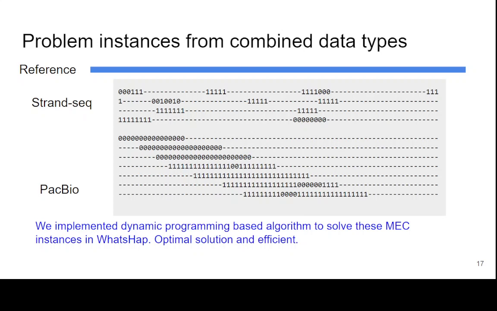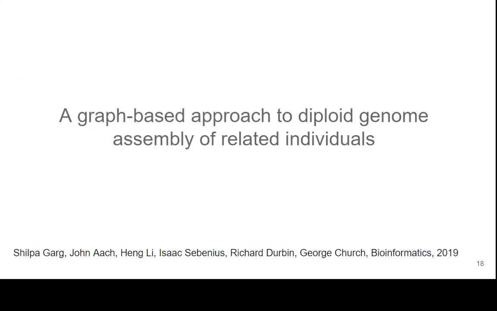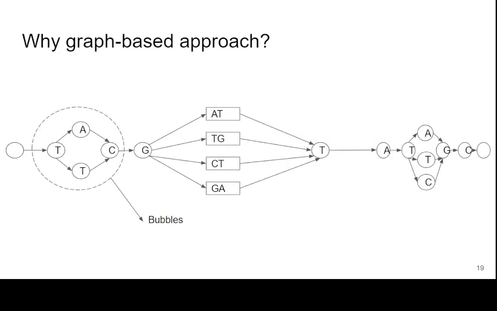But in this study, if you observe closely, there is a reference bias involved. Imagine you want to bring in new populations like African. In those cases, this study can fail. So in order to address that, we proposed a new graph-based method, which is to produce a diploid assembly for the trios or in general. In this study, we combine short reads and long reads to produce the chromosome haplotypes.